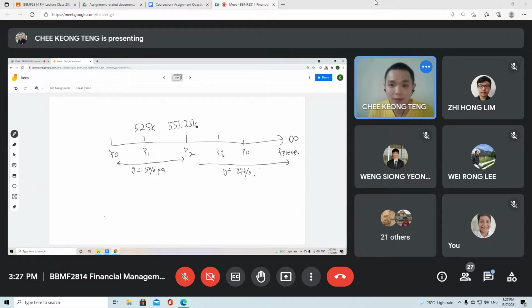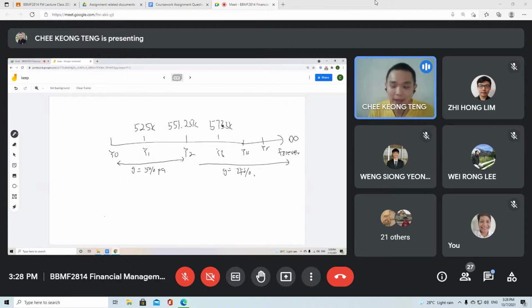After that it will be only 4%, so 551.25 times 1.04 is 573. Of course, if you want, you can continue, but it is pointless, because forever means year 5, year 6, year 7 until year 1000. You cannot calculate one by one. So basically we stop here.